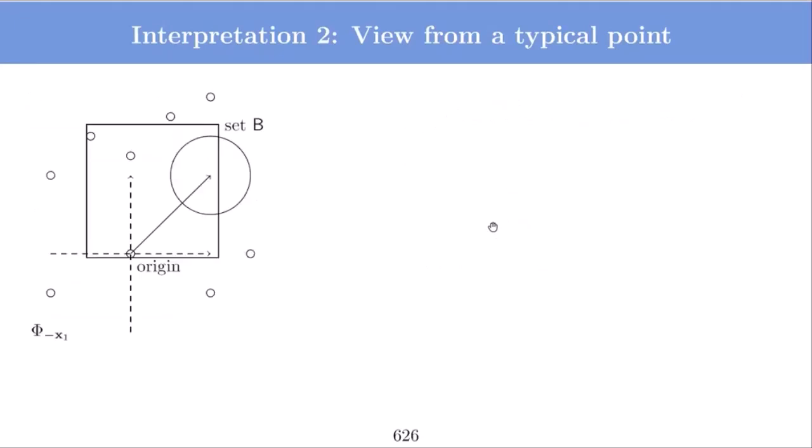If you look at the Palm probability, you can condition on a point at phi, and then look at the probability that this ball does not have a point. In the stationary process, you have taken it as the origin. Or the origin can be somewhere else, and you can just pick one point, make that the new origin, and then the whole point process will be phi minus xi, and then you ask whether the new shifted version has a point in the ball of a comma r.